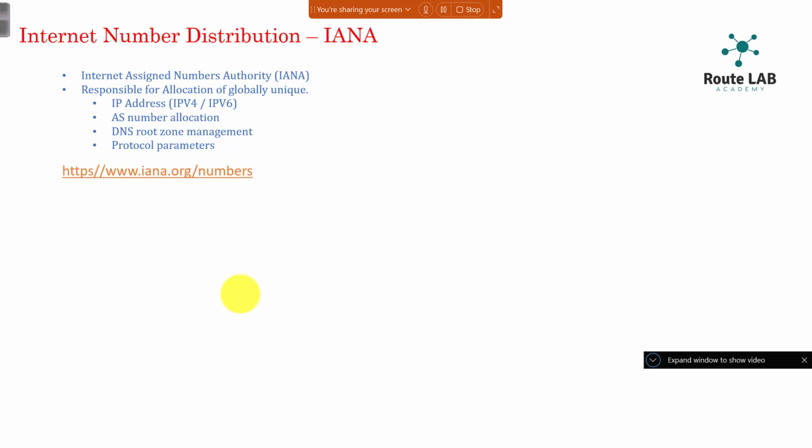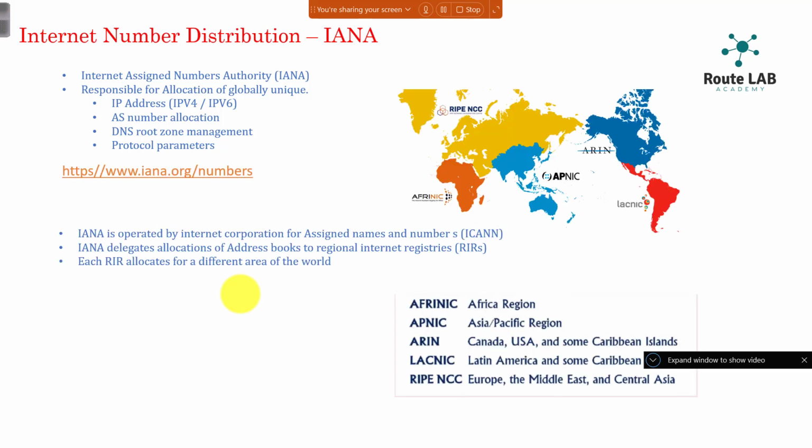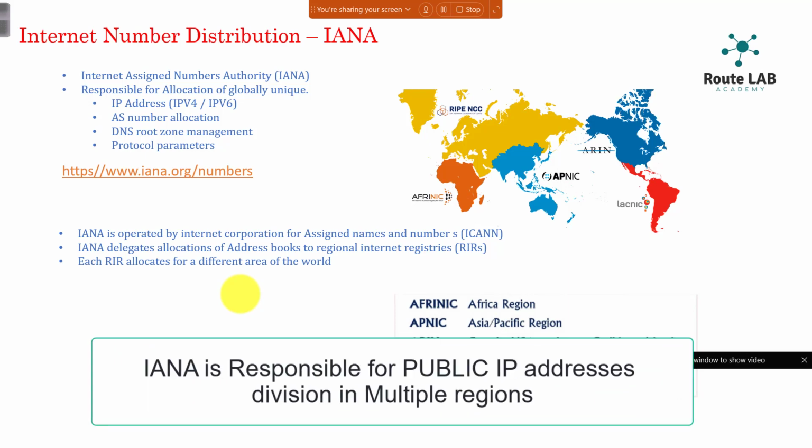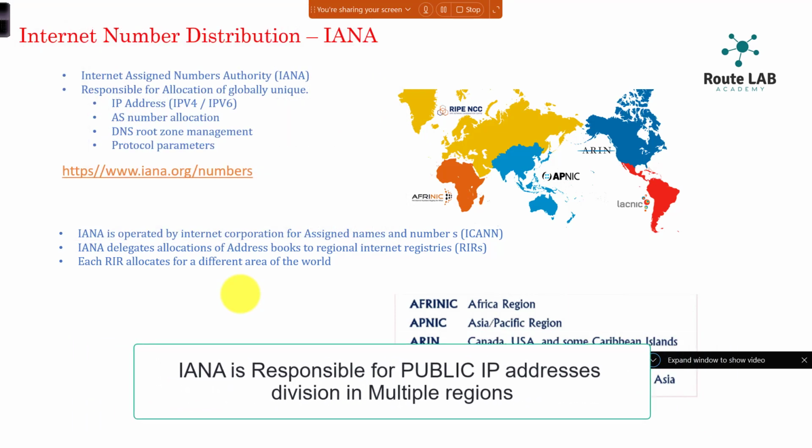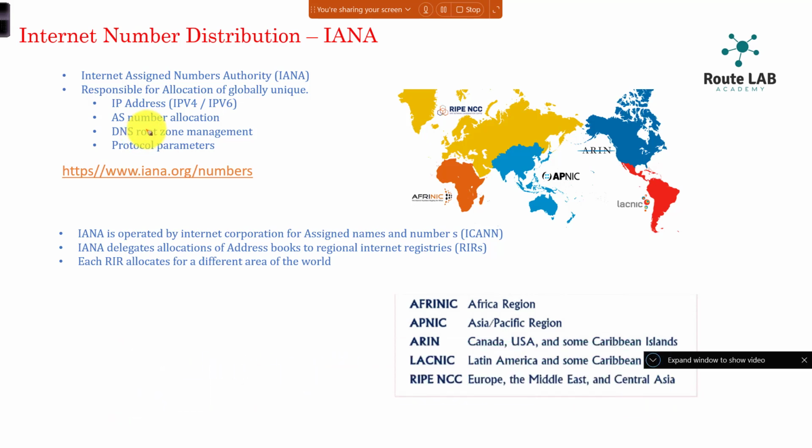IANA, which stands for Internet Assigned Numbers Authority, is responsible for distributing the public addresses we have. It was divided into 5 regions: the Asia Pacific region, the Africa region, Canada, USA and some other regions, and the Latin America region. Each region has been distributed some public IP addresses.